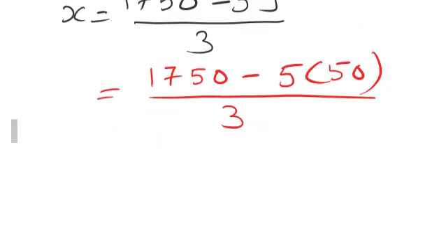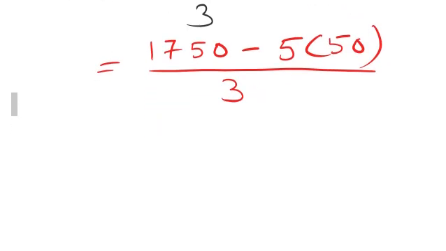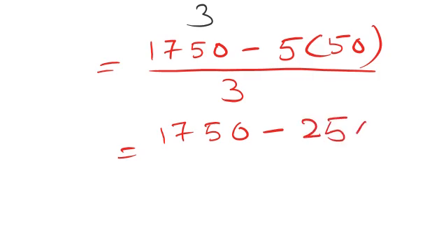Now x is equal to 1750 minus 5 times 50, which is 250, divided by 3.